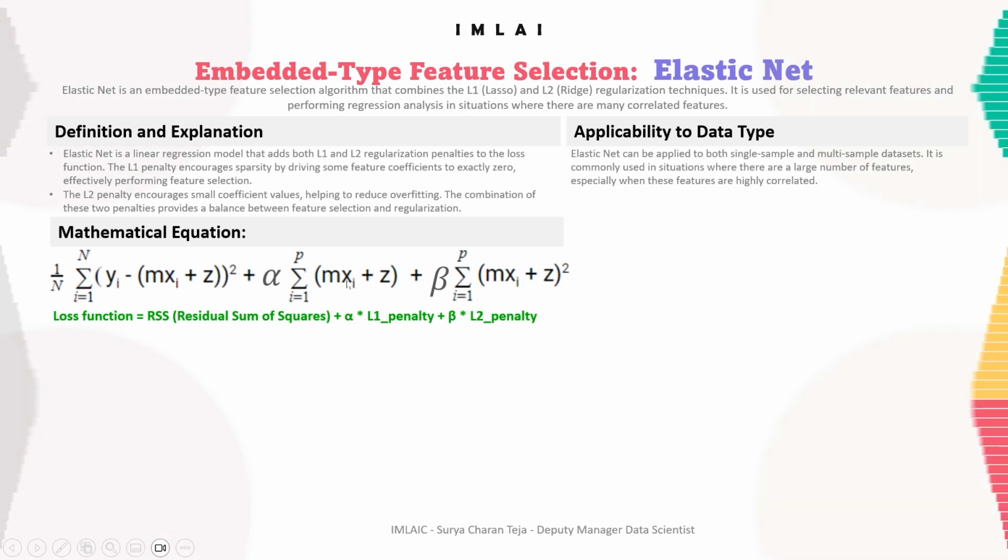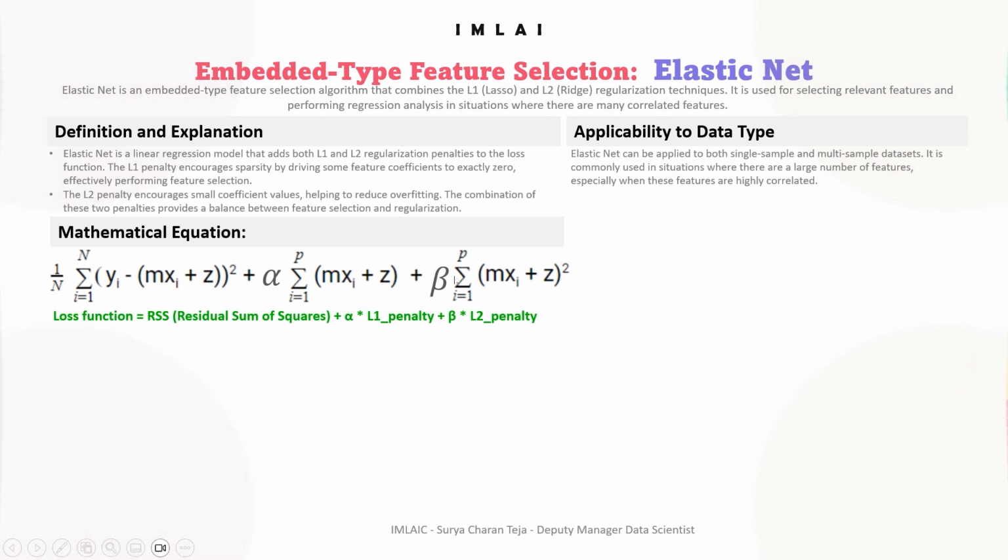The L1 penalty encourages sparsity by driving some feature coefficients to exactly zero. So that's what it's going to do. If the coefficients are bigger, that can be handled, but if you have small coefficient values, then it's difficult to handle.